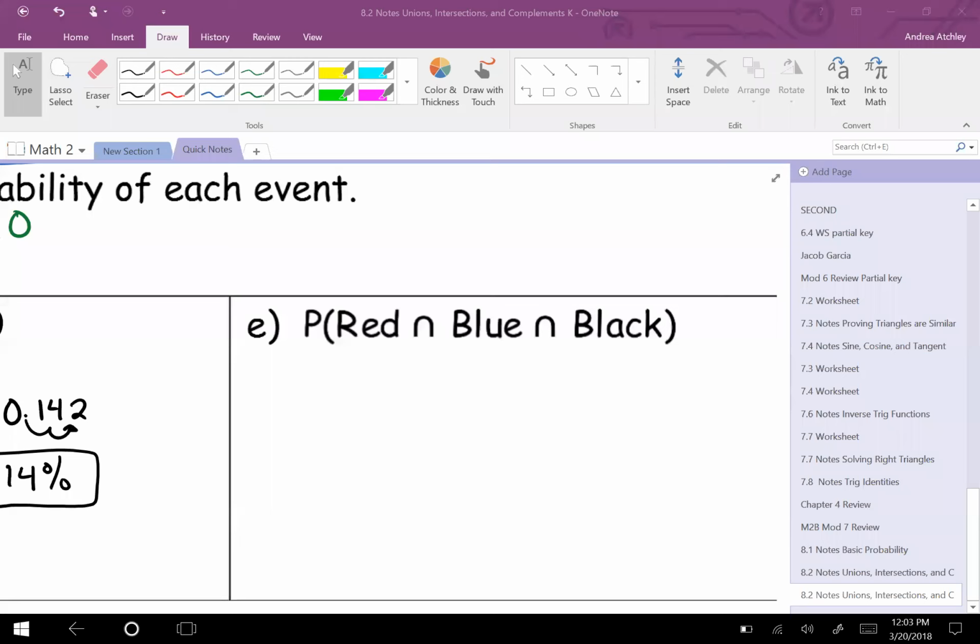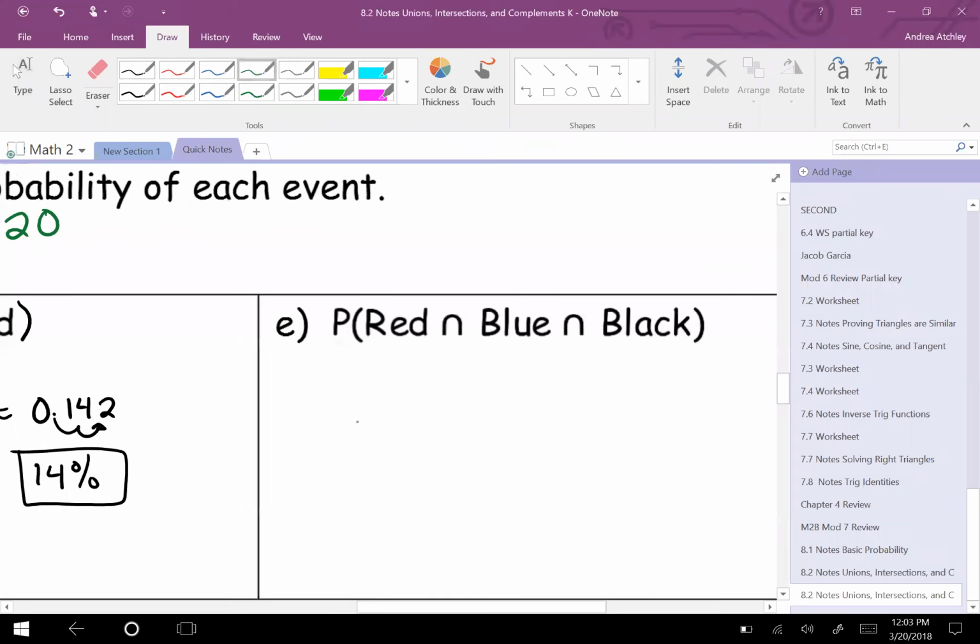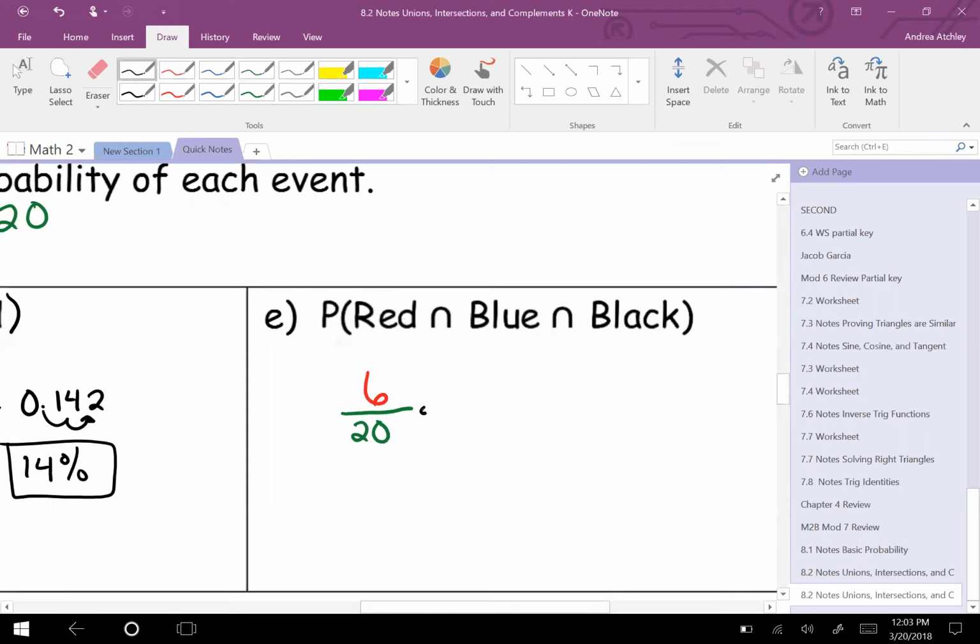So my first probability was 20, and there were how many reds? 6. Now I only have 19 left. And my probability of blue, there were 5 blue. And since I haven't pulled a blue yet, I still have 5. Now I've pulled out a blue one.